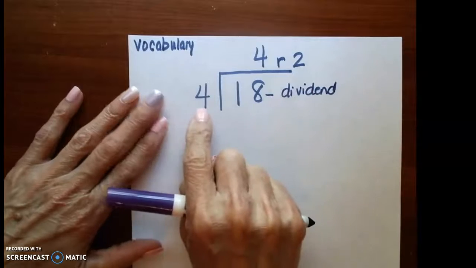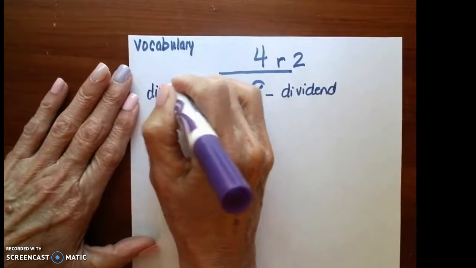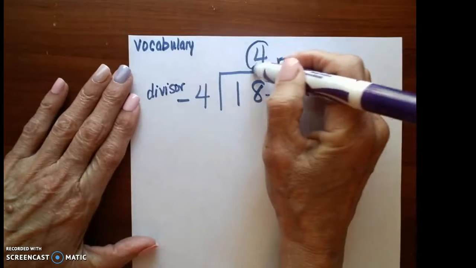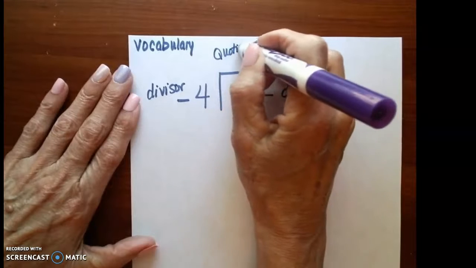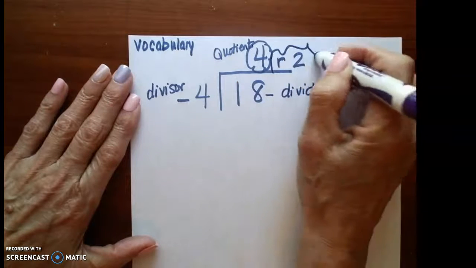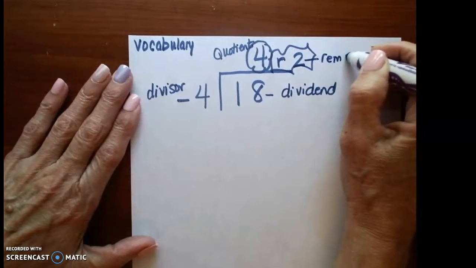This 4 outside is called the divisor. This 4 here is your quotient. And this guy here is your remainder.